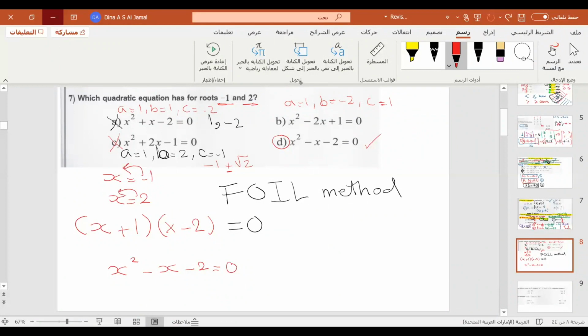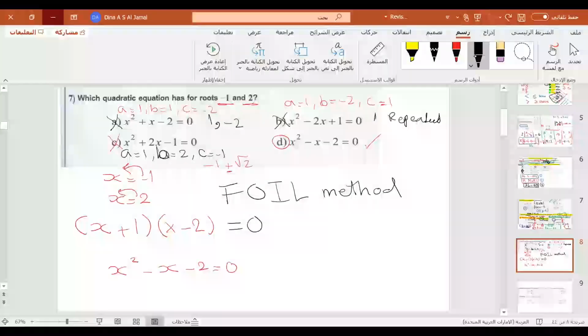So if you went to your calculator, you will be having answer of 1 as a repeated root. So also you will be cancelling this, and your answer directly when you factor D, you'll be getting minus 1 and 2. So here I exposed you to two methods, whether you do it with the calculator directly or the FOIL method.